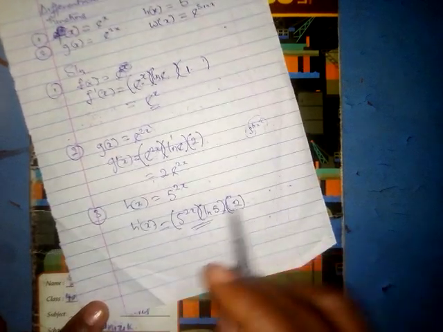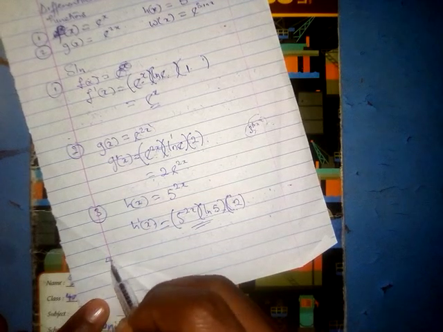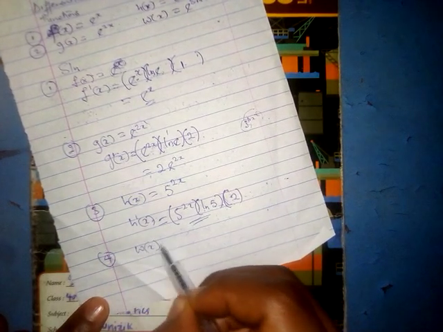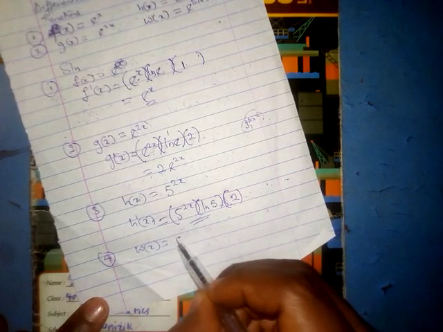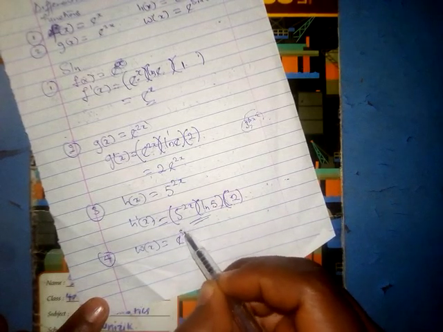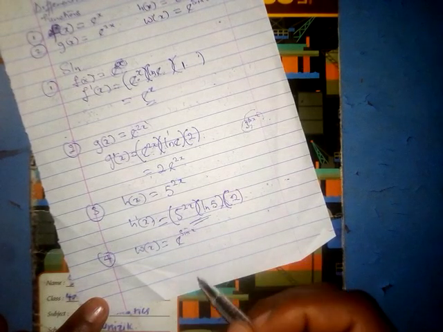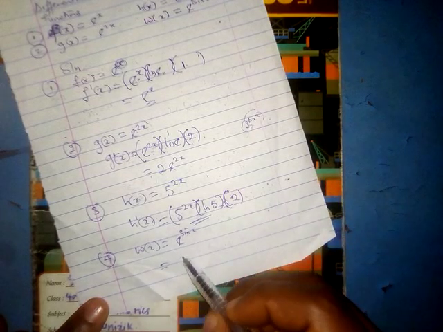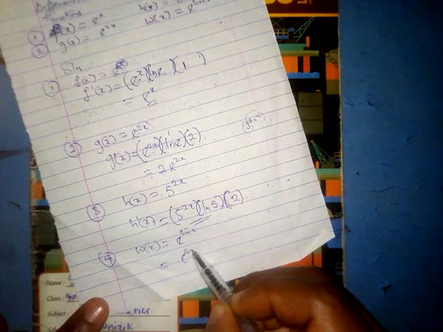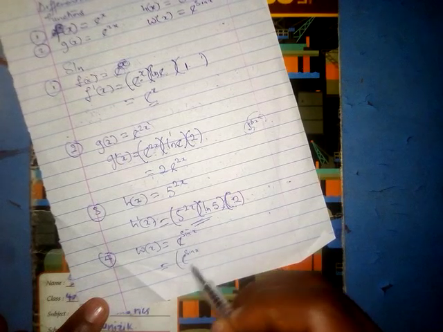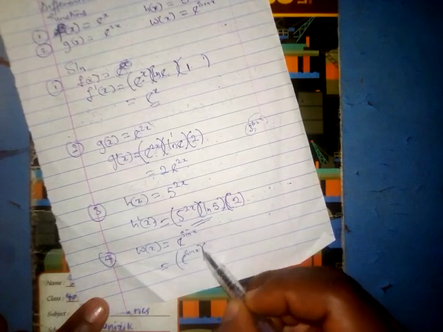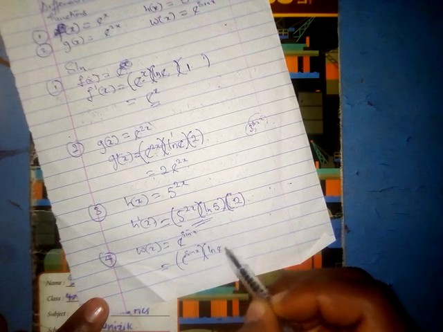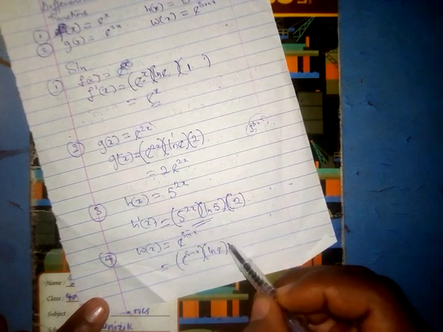Another interesting one is the fourth one, where we have the function of x to be e raised to the power of sine x. To solve this, we use the same method. The first thing you do is write back the same function. Secondly, take the ln of the base, which is ln e, and lastly differentiate the power.